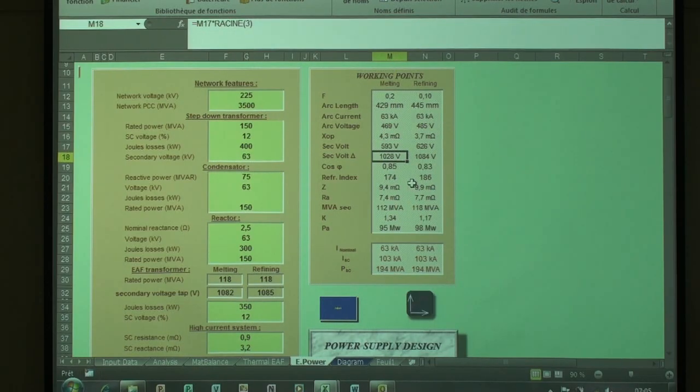So this is the root 3, cosinus phi, power factor, impedance. This is the voltage divided by the current, and this is the arc resistance, which is the arc voltage divided by the current. And this is the secondary.